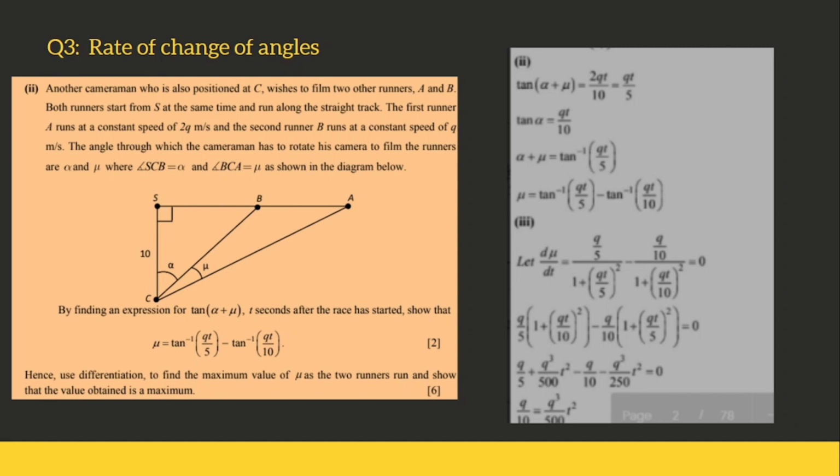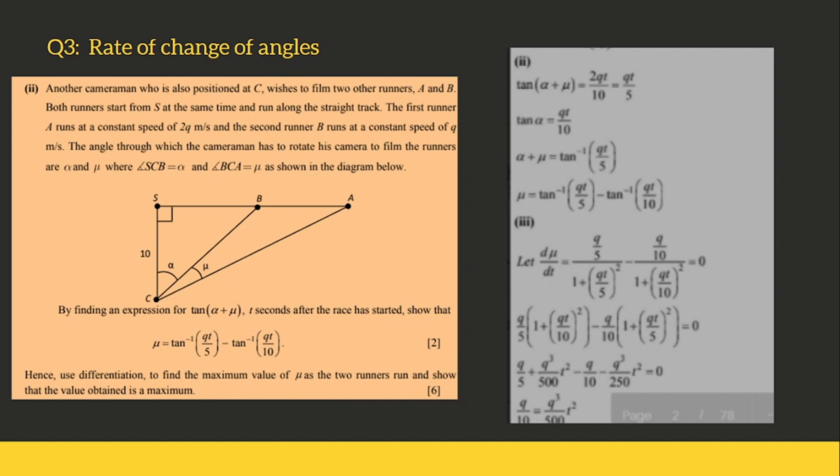Actually, you can take a look at your MF26, where you can find a formula for tangent inverse. But in this case, we can also just look at the diagram itself. So if you find tangent of alpha plus mu, we just find the opposite length and the adjacent, which in this case is 2qt over 10, simplified to qt over 5.